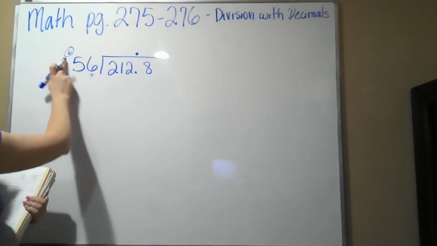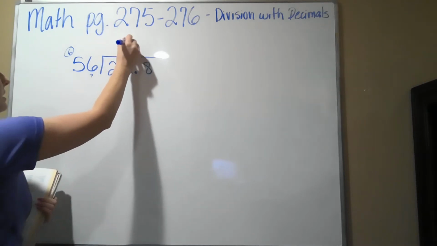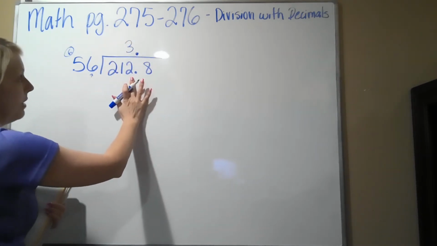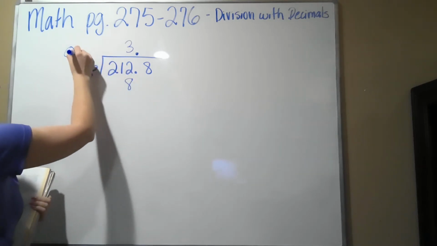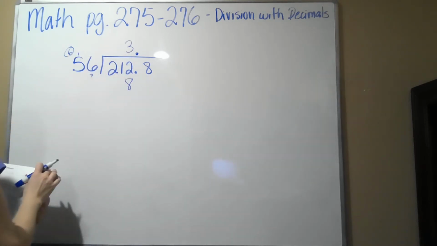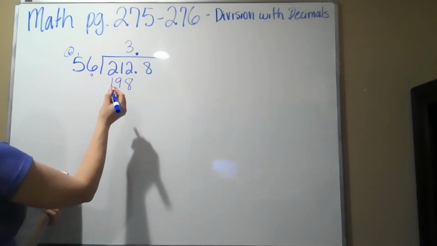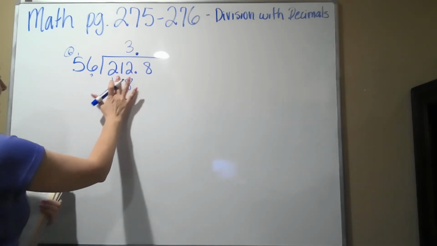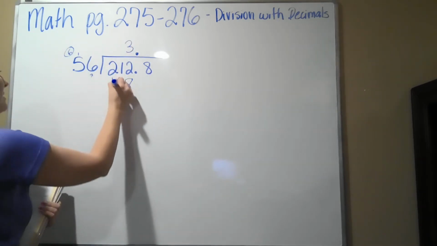So how many times does 6 go into 21? Only 3 times, right? And we go over above the next number. 3 times 6 is 18, carry my 1. 3 times 5 is 15, plus 1 is 16.